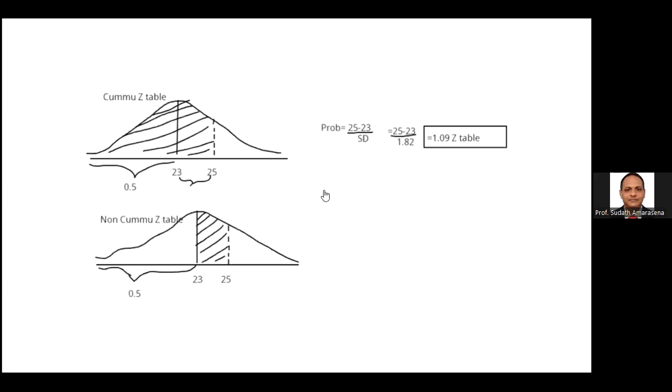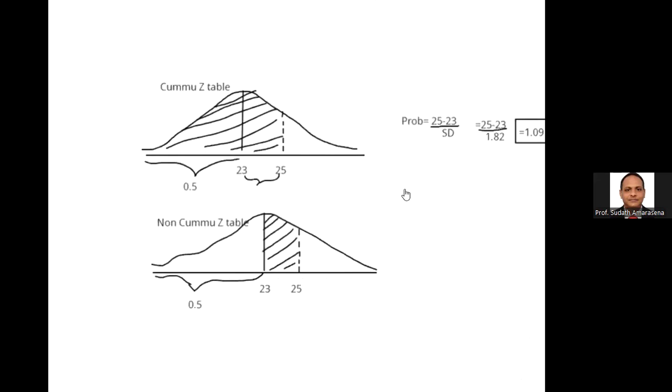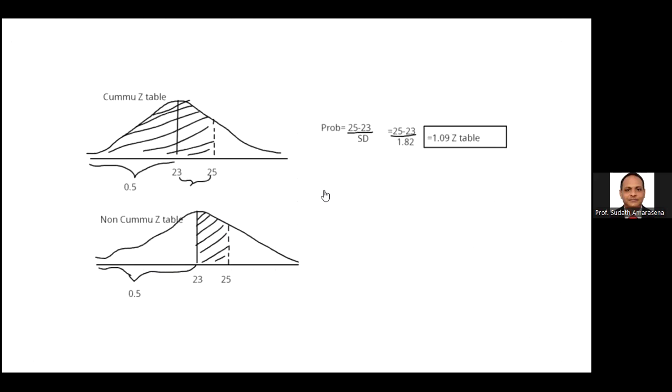Okay, one of the students, Udani, asked me to explain again how to use this Z table, the non-cumulative table. Non-cumulative table means, here you can see, I just draw the normal distribution curve here. The non-cumulative table, the figures are given without 0.5.